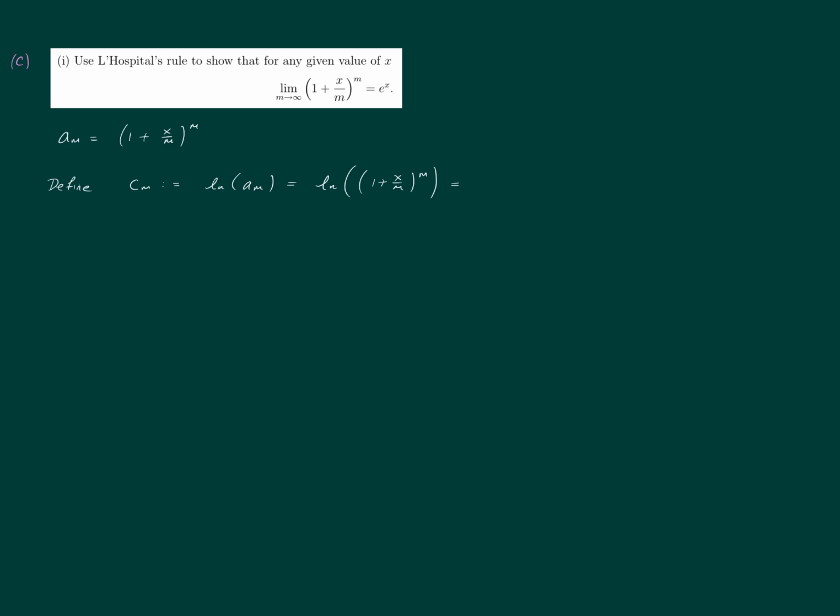Using the law of logs, I can bring down that m, and then ln(1 + x/m). And now, using an algebra trick, I'm going to write the m out front as dividing by 1/m. And I find that limiting this is going to be easier.